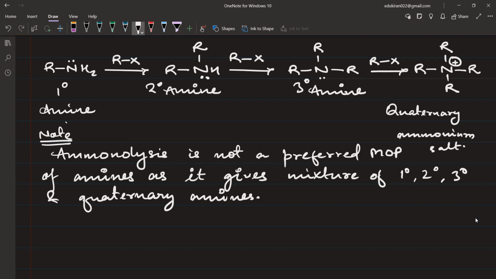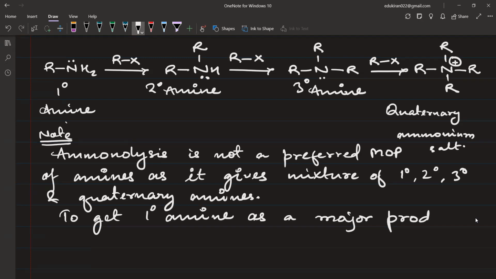Please write next: to get 1 degree amine as a major product, NH3 should be in excess.